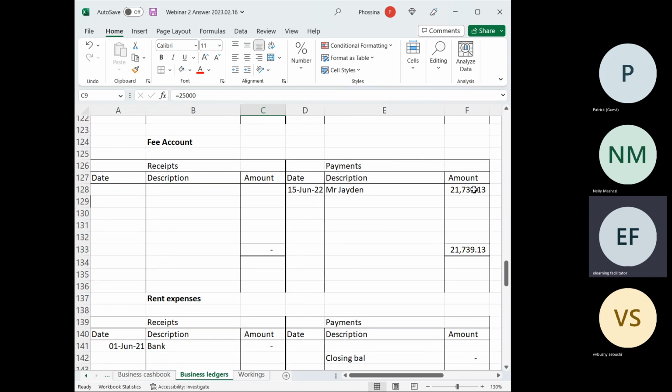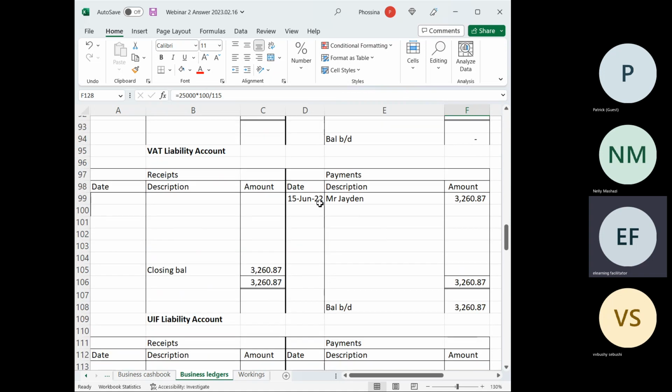Our fee account shows what belongs to the firm, which is 21,739 according to that calculation. Our VAT account is a creditor, a liability, which shows that Mr. Jaden is paying us so that we can pay over to SARS. So we show it as a liability.